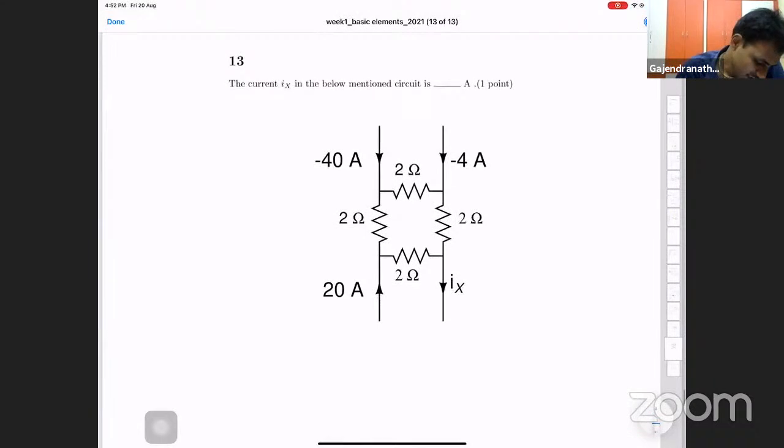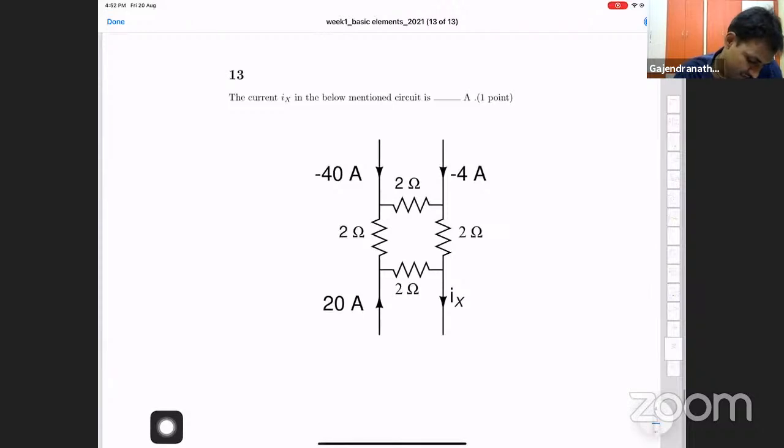The current Ix in the below mentioned circuit is, okay. So if you see here, minus 40 amps is entering here, minus 4 amps is entering here, 20 amps is entering Ix. So you can think of all this as one element inside a box. Different currents are coming, different currents are going.